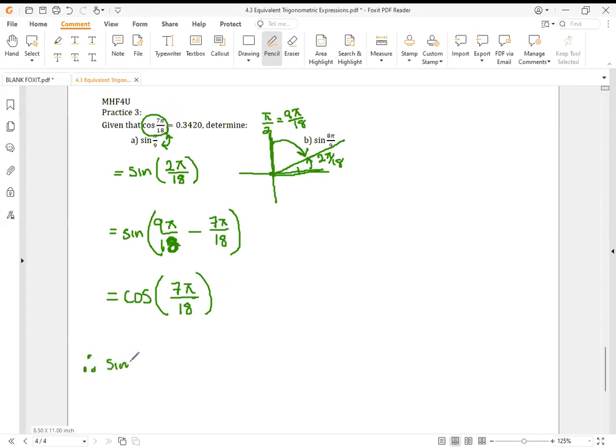Therefore, sine pi over 9 is 0.3420. This question actually gave you the answer. They just wanted you to get to it. So here's a question where I give you sine, but the clue is cosine, which means that's a signal for you to somehow turn it into cosine.